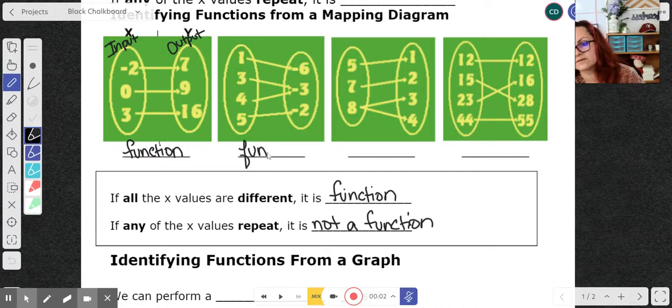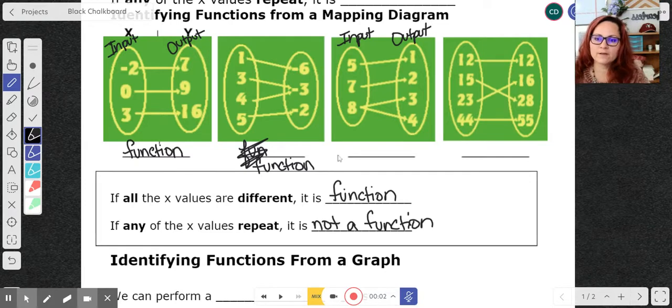Sorry about the cursive there. Function. There we go. Now, let's look at this. And yes, the input is always on the left and the output is on the right. So here, input of 5, output of 1.